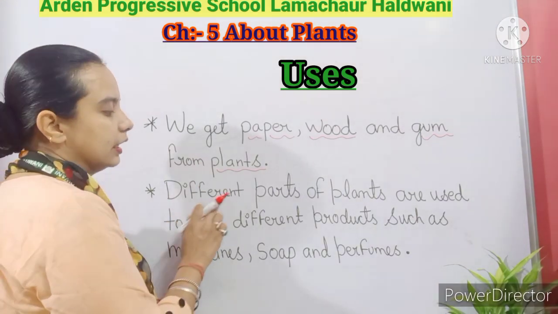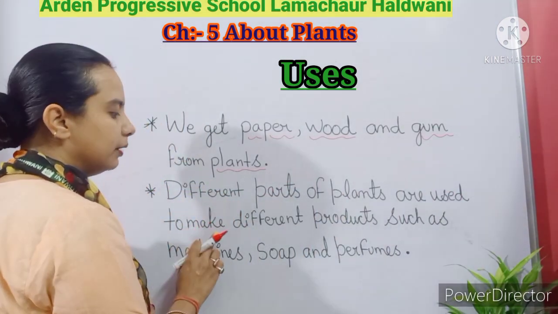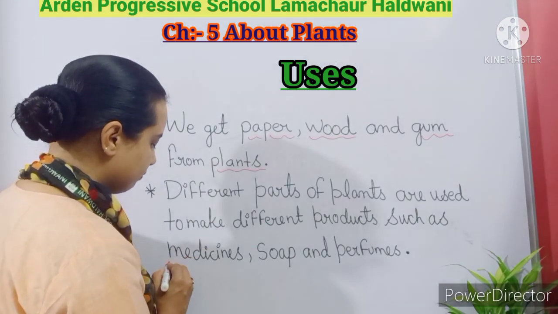Next, different parts of the plants are used to make different products such as medicines.